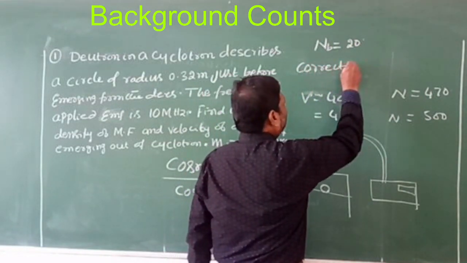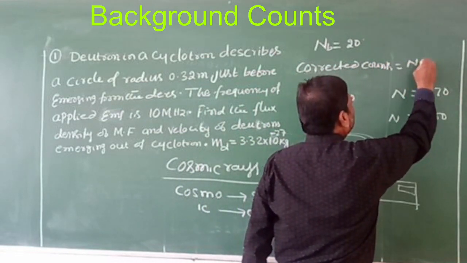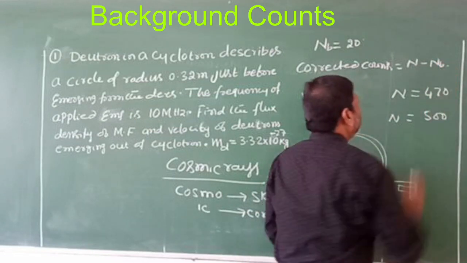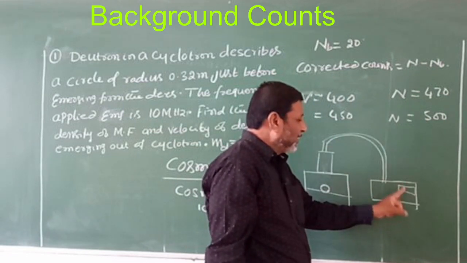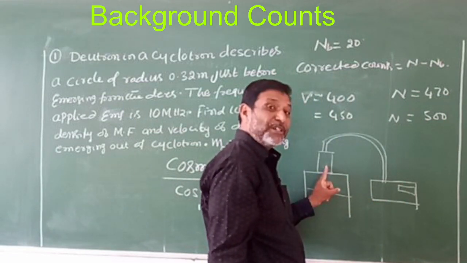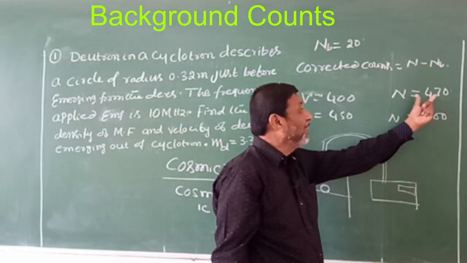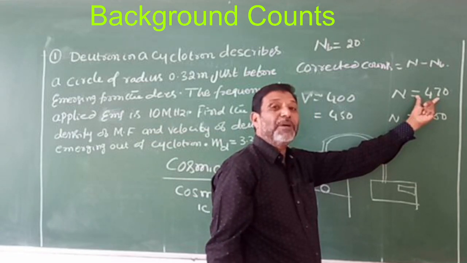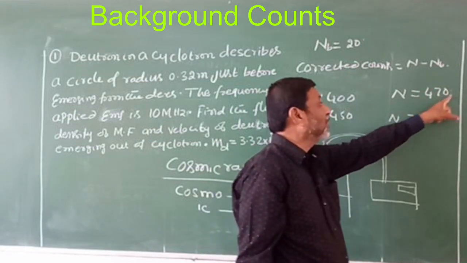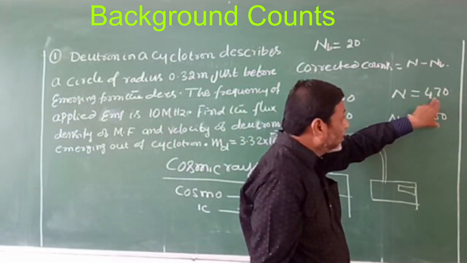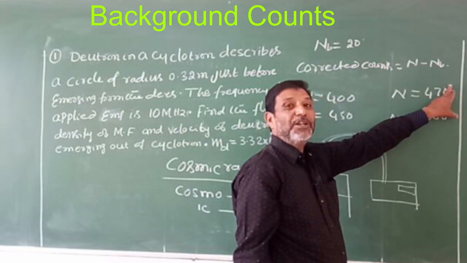The corrected counts is equal to n minus NB. By putting the source, whatever counts n you are getting is not only due to the source; in addition, the counts due to the cosmic rays are also there. That means these counts are the sum of the counts due to the particles emitted by the source plus those due to the cosmic rays.